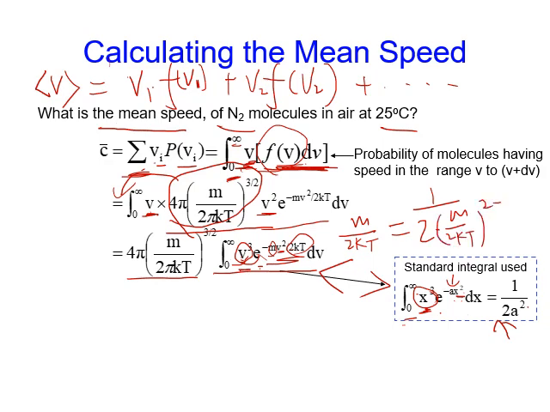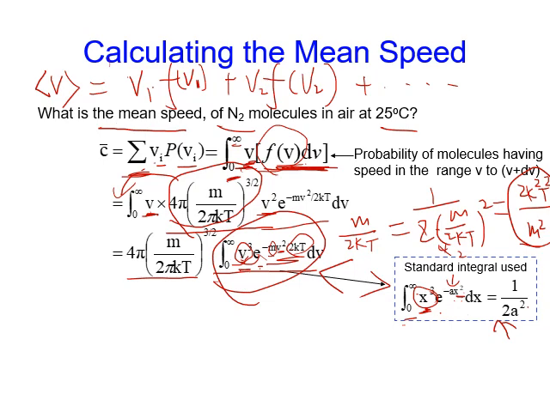Note that 2 squared is 4, and 2 divided by 4 gives you 2k squared T squared divided by m squared. So that's the integration for this one.